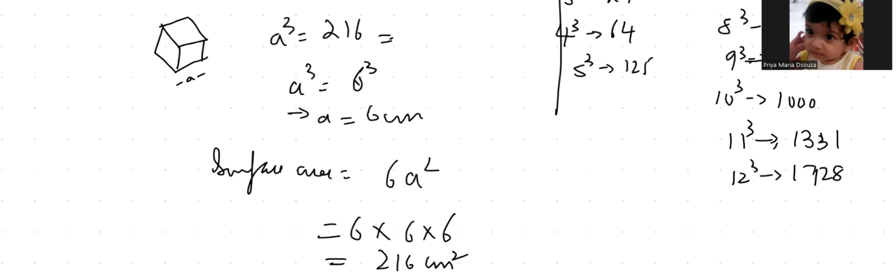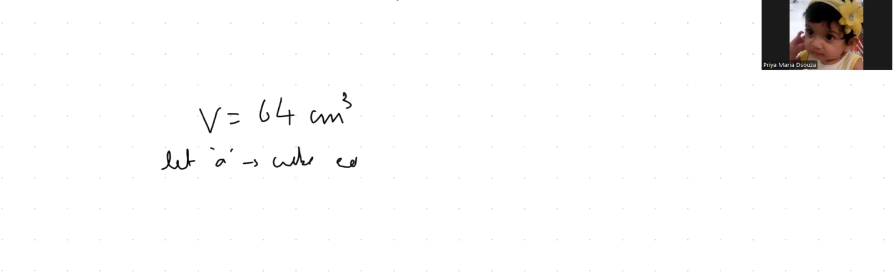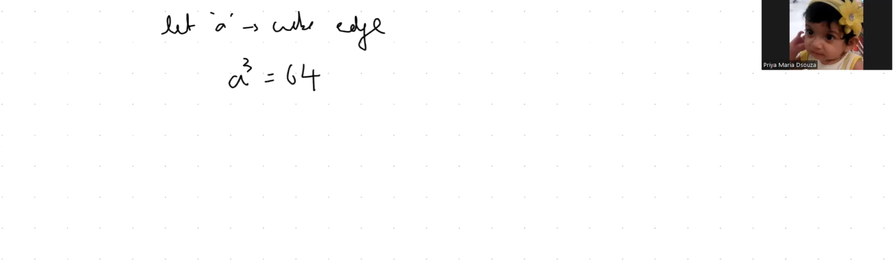Let me take another example. Let's say the volume is 64 centimeter cube. Let A be the cube edge. Just write a minimal statement. We can understand that A cube is 64. Now remember, a little while ago I discussed that 64 is both a perfect square and a perfect cube. It is 8 square, but also 4 cube. So therefore, A is 4 centimeters.